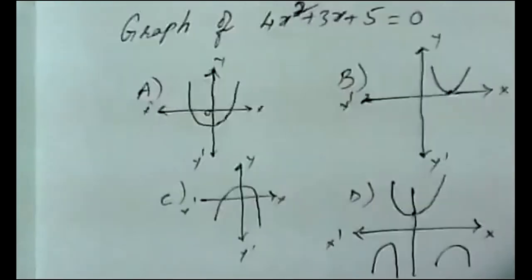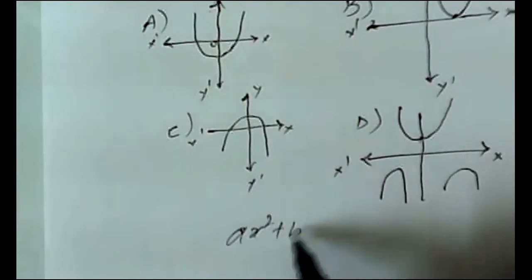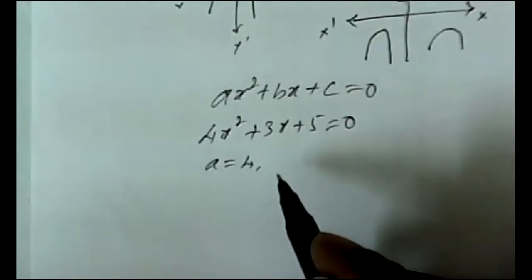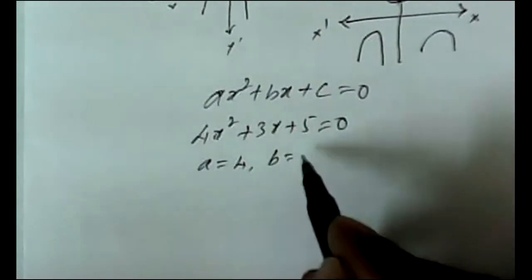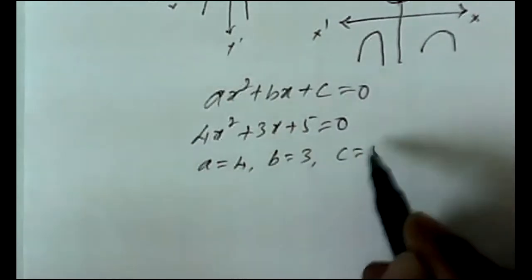Comparing our equation with ax square plus bx plus c is equal to 0, our equation is 4x square plus 3x plus 5 is equal to 0. So here a is equal to 4, b equals to 3, c equals to 5.